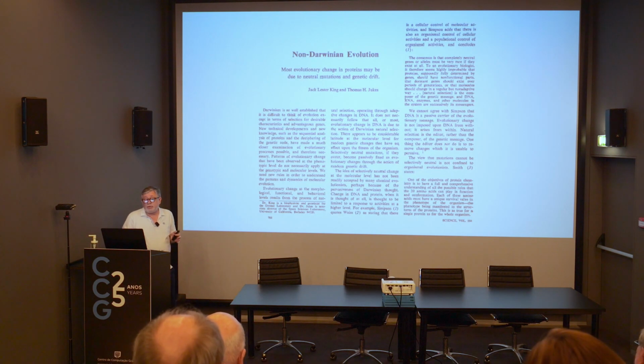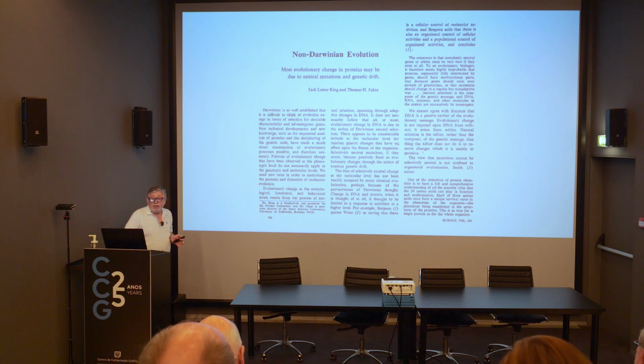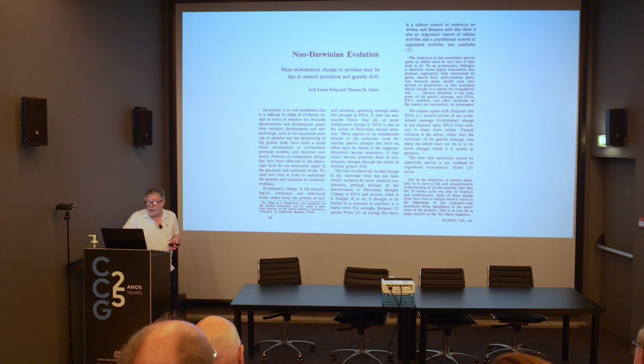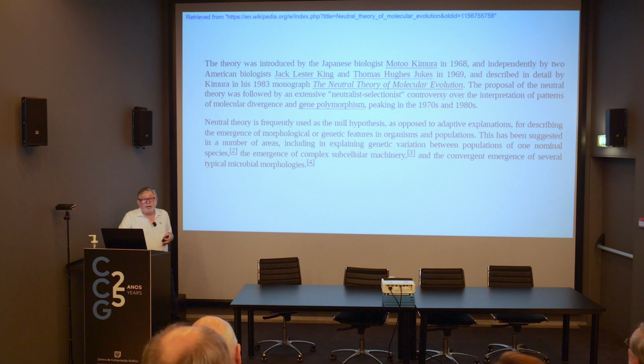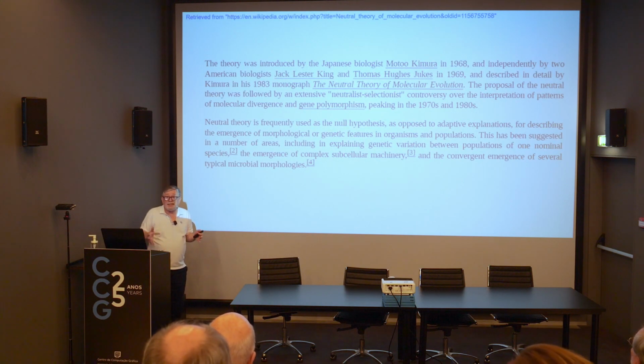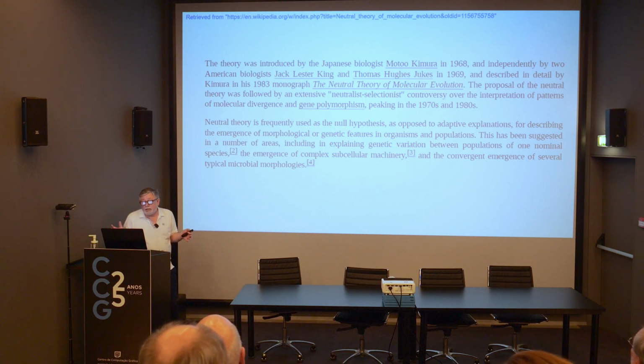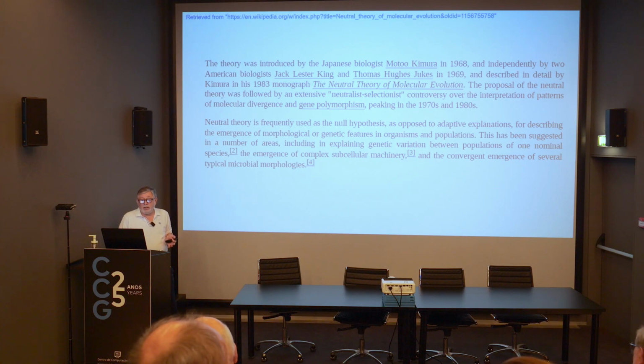This concept of non-Darwinian evolution, which is mostly due to neutral mutations and genetic drift, was also addressed by King and Jukes in their famous paper. So Kimura, King and Jukes actually started this concept of the neutral theory of molecular evolution.